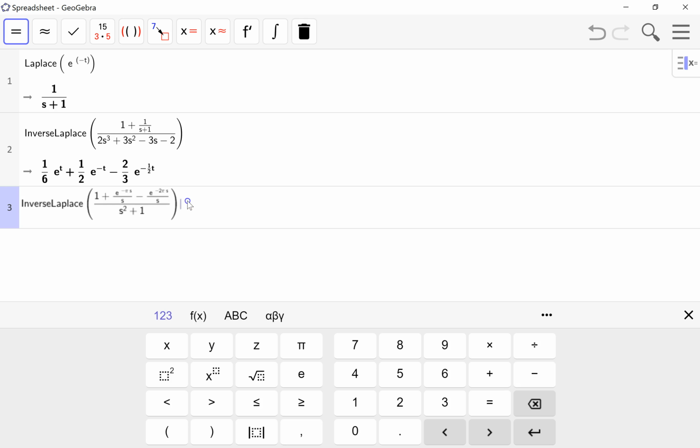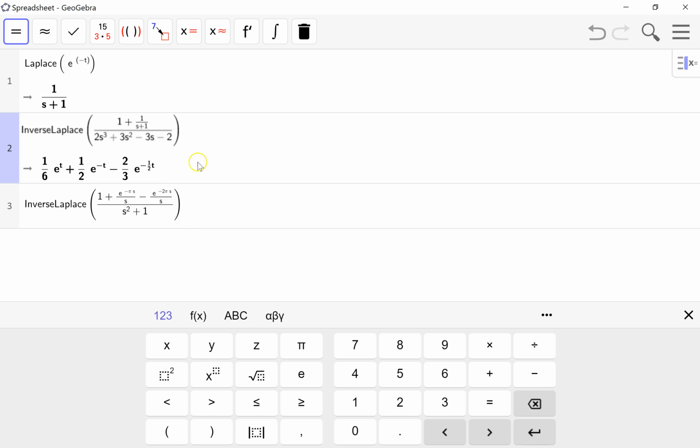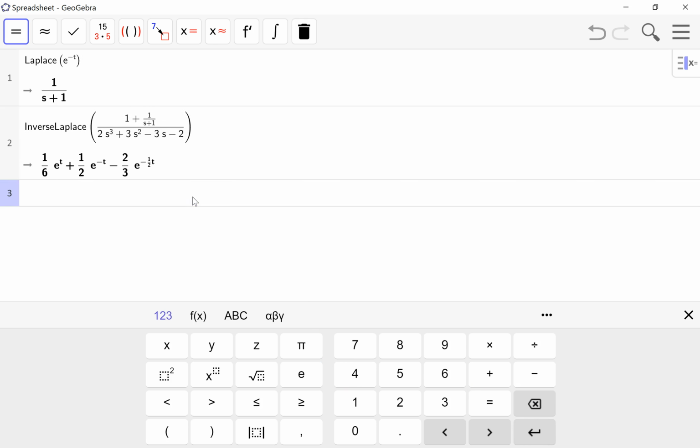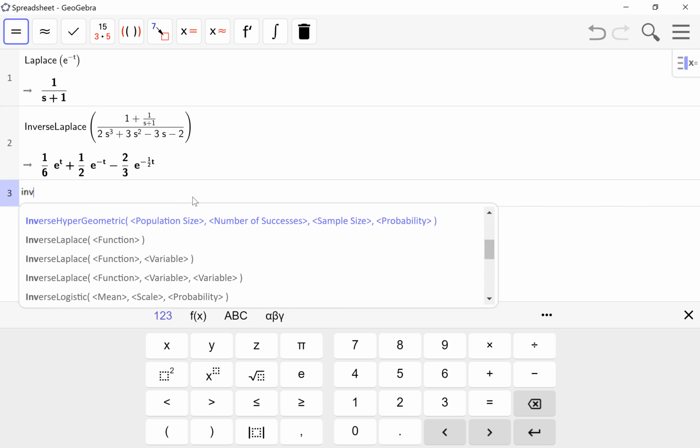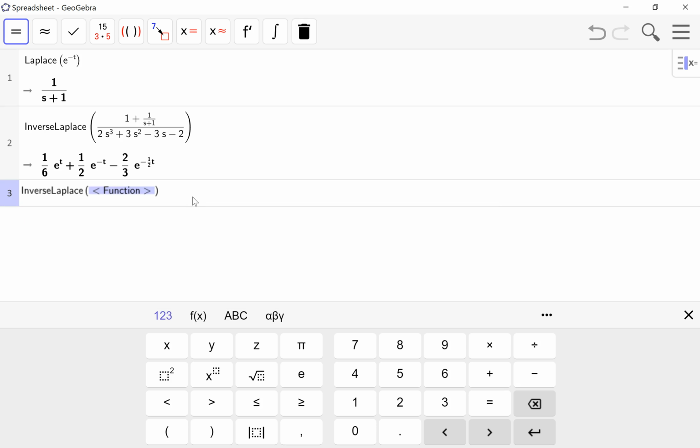I don't know why it's not going. Let's try this again. Inverse Laplace of 1 plus e to the negative s times pi. Let me actually put the multiplication sign in there just in case it was having issues with that.